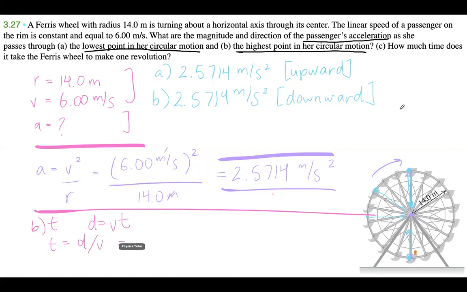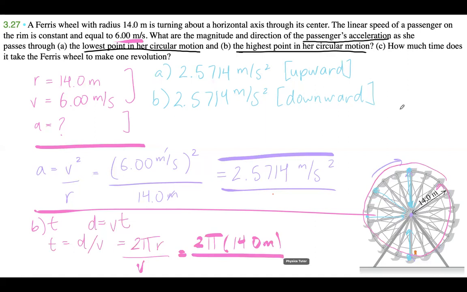So what's the distance? In one revolution, the distance is this entire circle, so it's going to be the circumference, which is 2 pi r. And the speed, well, they gave us the speed, it's 6.0. So it's going to be 2 pi times 14.0 meters, divided by 6.0 meters per second.